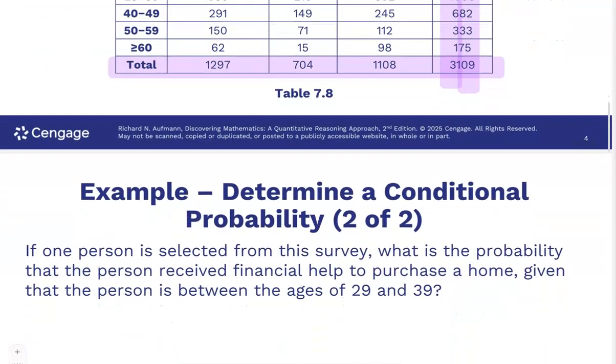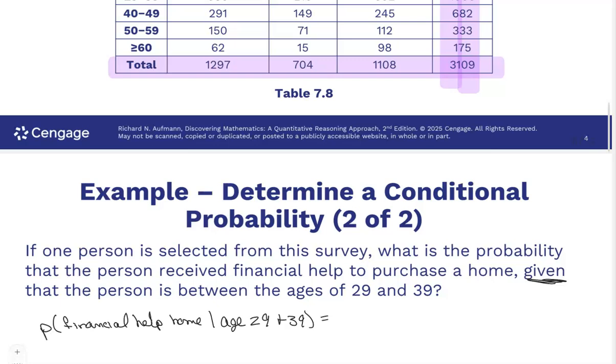If one person is selected from the survey, what's the probability that the person received financial help on the purchase of a home, given that the person is between the ages of 29 and 39? So the probability that they're going to get financial help on a home, given between the ages of 29 and 39.